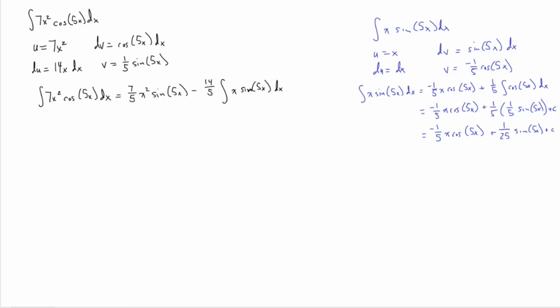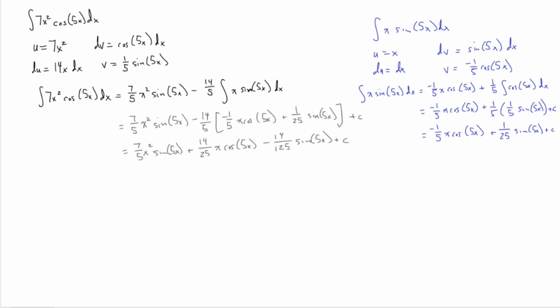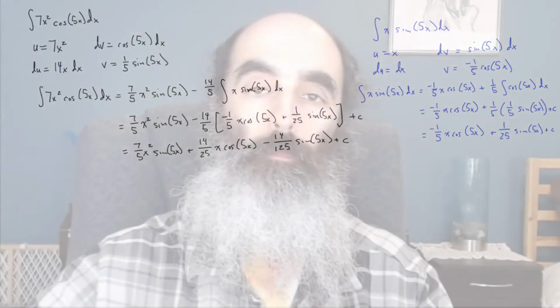We're now ready to plug that back into our original problem so that we can come up with the answer to that original problem. And after you plug that answer back in and do a lot of simplifying of the constants, you get this result here. Okay, you're now in good shape to do your second integration by parts homework.